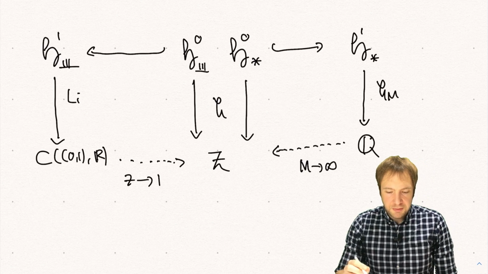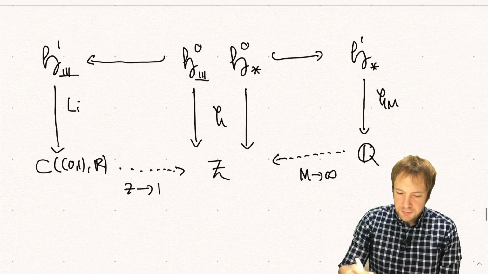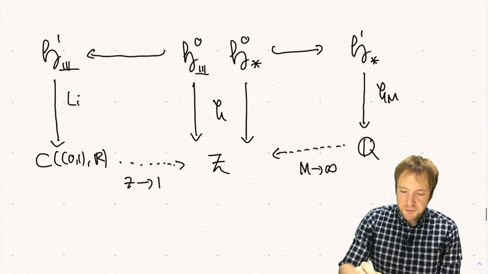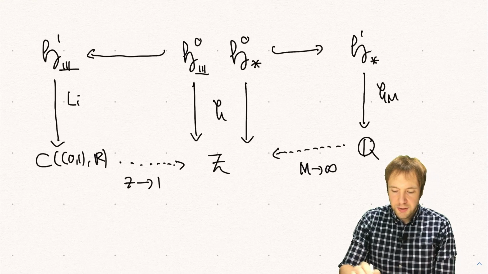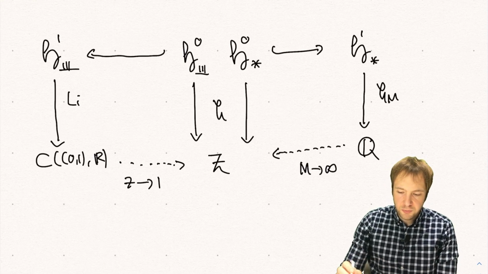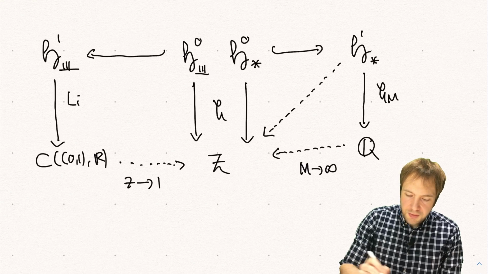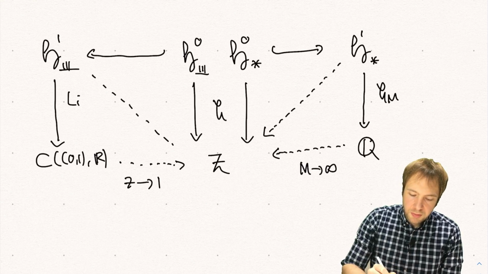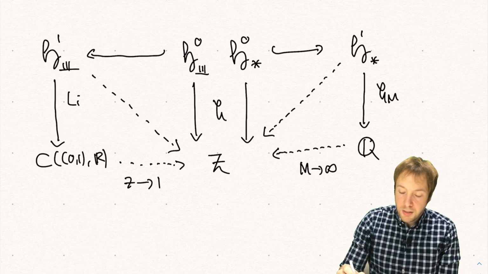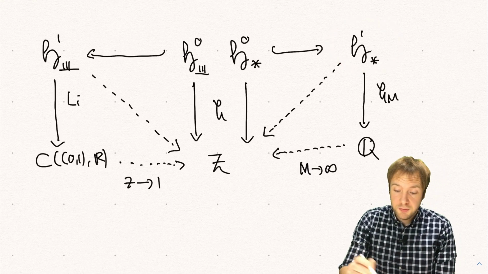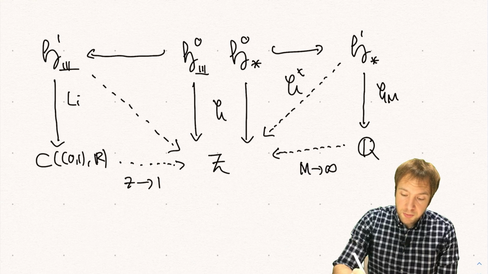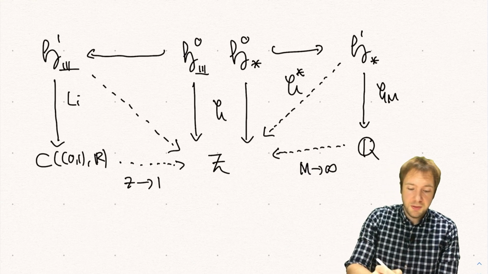And what we will see later is that we will be interested in comparing these two ways: m goes to infinity and z goes to 1. And also we will see in the next section that there are actually algebra homomorphisms from H1 stuffle, which will be called the stuffle regularized multiple zeta values.